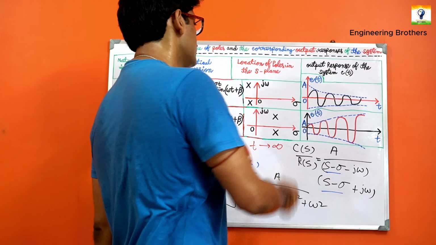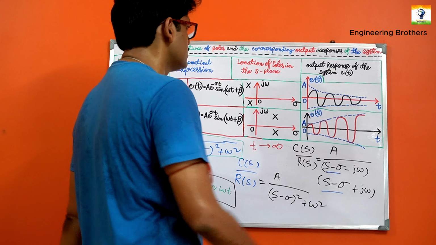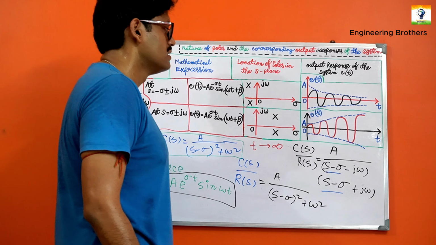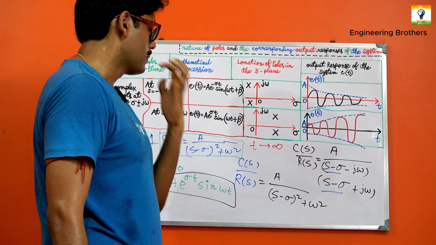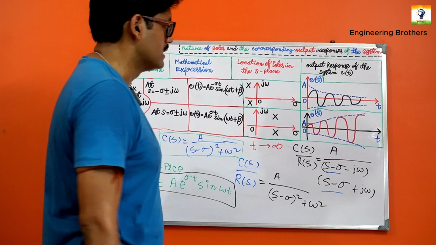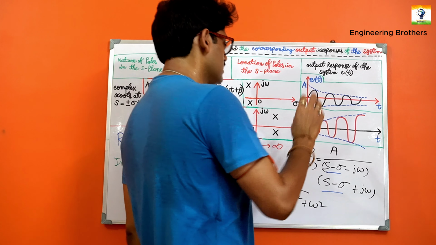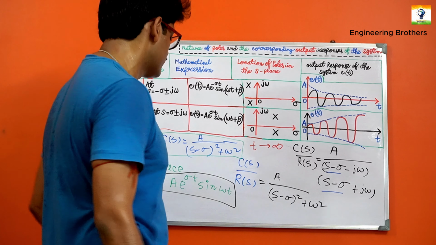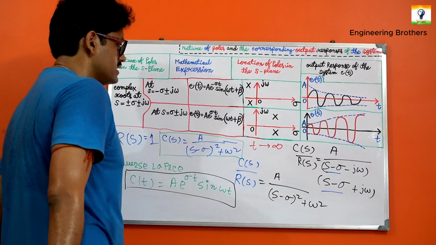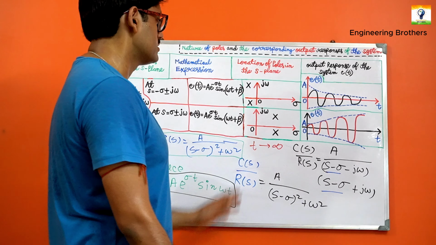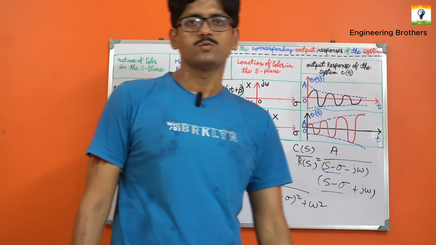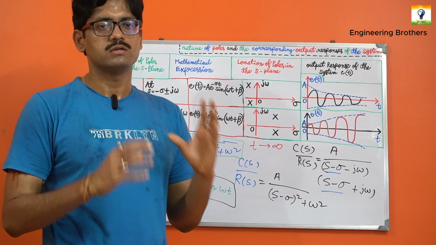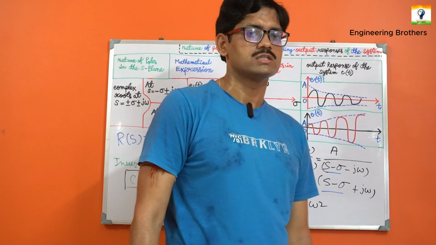As we can see that the poles are located at the right hand side of our S-plane, we can say that this system will be unstable. Okay, we can explain the unstable characteristic just by plotting the waveform of c(t) versus time over here. We can explain that just by looking at our S-plane over here. That is the exact way to consider our stability consideration over here.